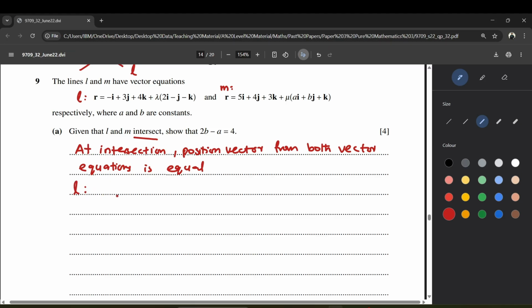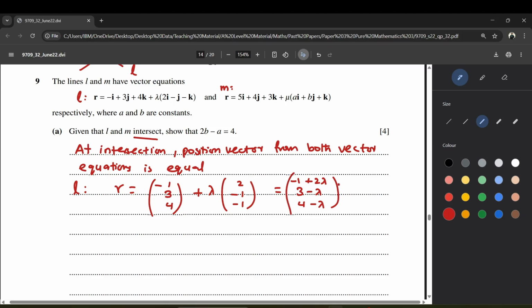So this is line L, and R is equal to (minus 1, 3, 4) plus lambda (2, minus 1, minus 1). I've written this in column vector form. So this will be equal to (minus 1 plus 2 lambda, 3 minus lambda, and 4 minus lambda).